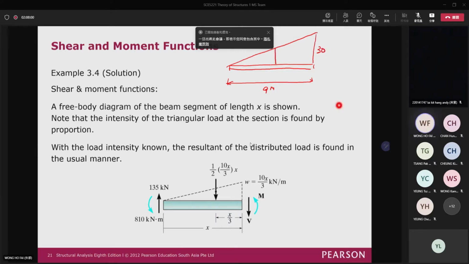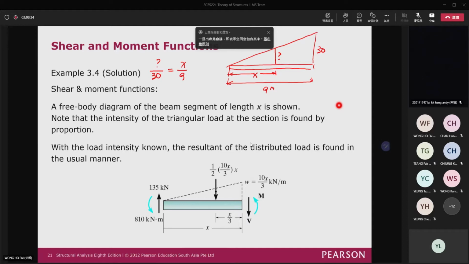Then assume that this is the distance x here, and this is the value that we want to find. Then we can use similar triangles to find the magnitude of the distributed load right there. We don't know the value, so using similar triangles, the question mark divided by 30 is equal to x divided by 9. Okay, this is the similar triangle.